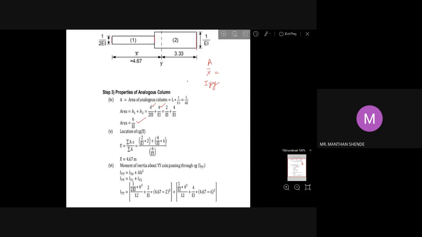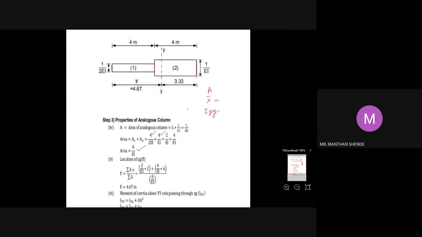For section 1, what is the CG of the first rectangle from A? This point you have to take as the reference point. For section 1, the CG is exactly at the center, so 2 meter. And for the second rectangle, what is the CG from this reference point?